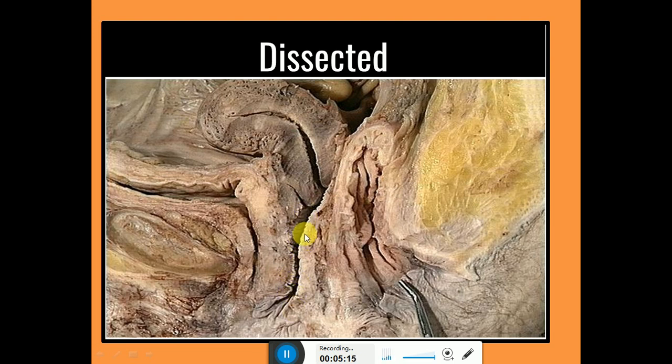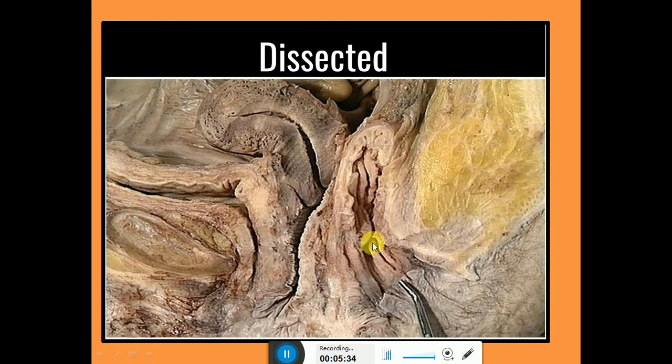Posterior to the vagina an opening can be seen. This portion is the anal canal. So this is the way it appears in the cadaver once we dissect it.